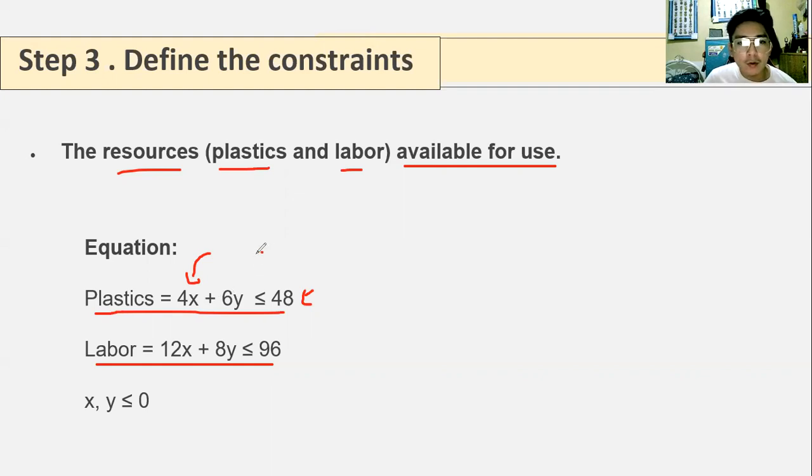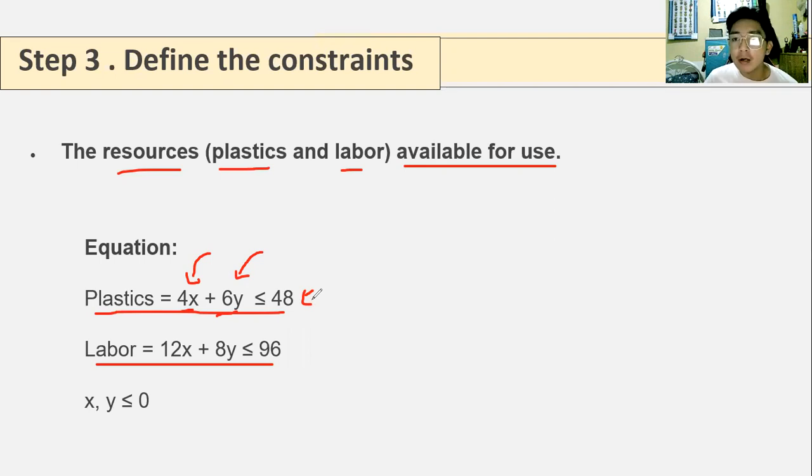And then we add that to the plastics needed by the Canon printer. Y represents the Canon printer and 6 represents the amount of plastic needed to produce a Canon printer. Adding these two, the amount should not be more than 48 kilograms of plastics.